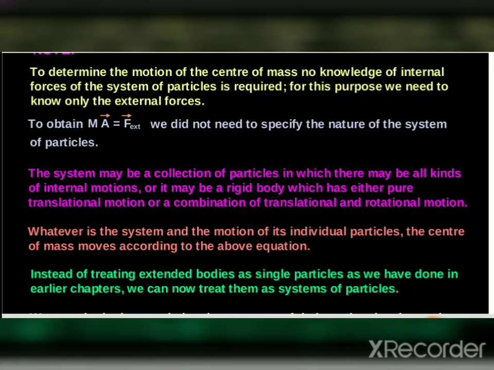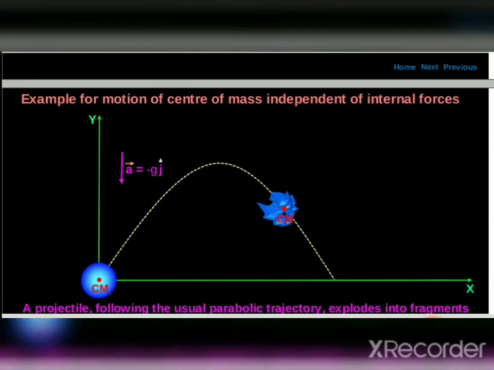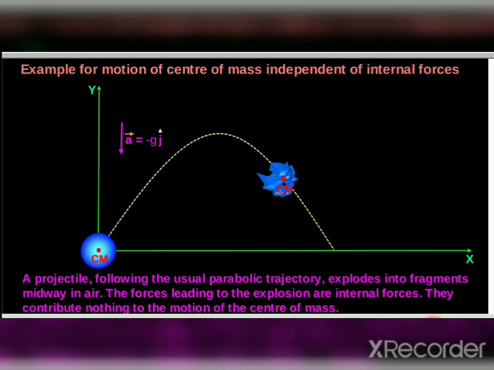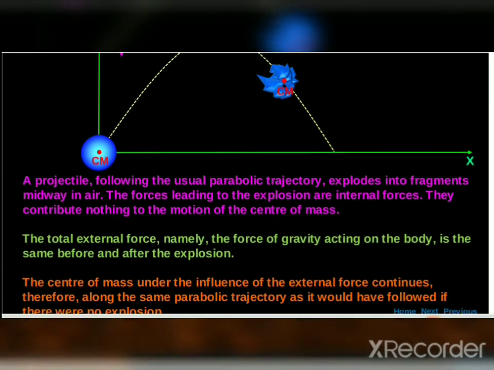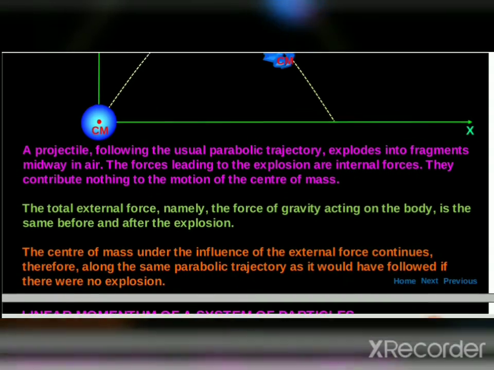So whatever the system and the motion of its individual particles, the center of mass moves according to the above equation. For example, the center of mass is independent of the internal motion; it does not move, but the shape can change.